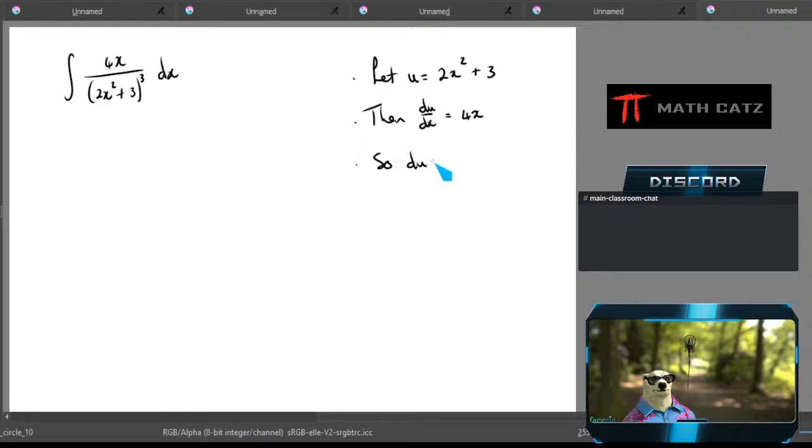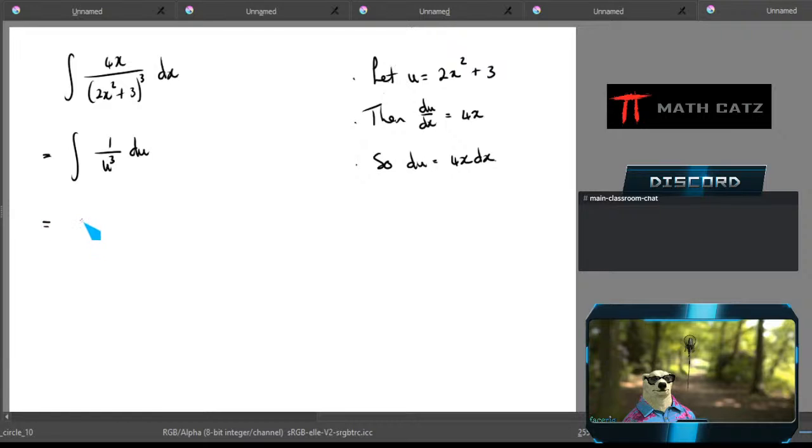Separate the differentials as my key for what I need. And I see I have everything set up perfectly, no adjustment necessary. It's going to be 1 over u cubed du, because those two, 4x and dx, are exactly what I need to see to sub that for a du, and the rest is, of course, my inside function.